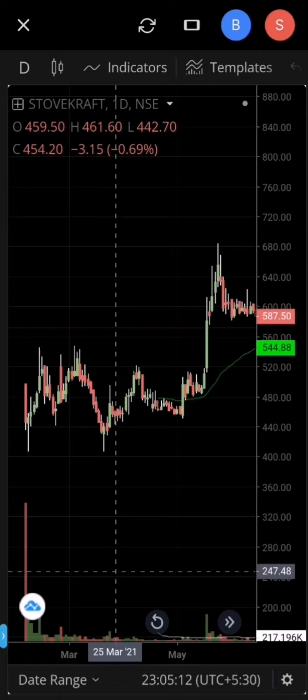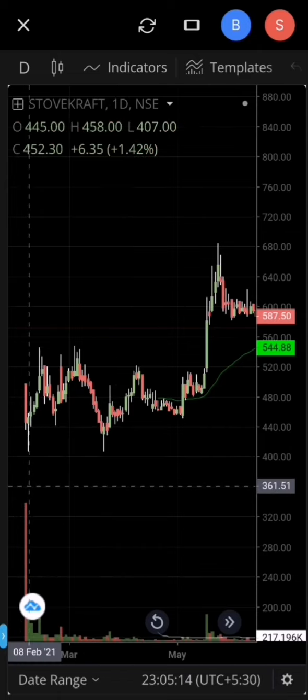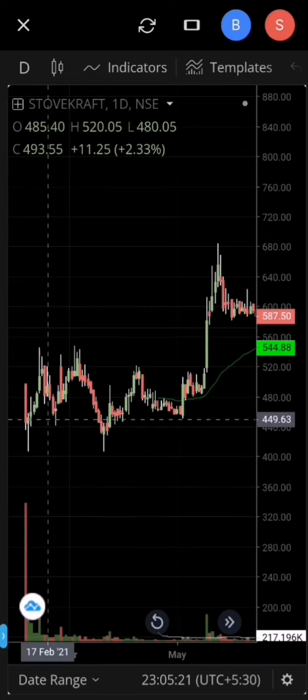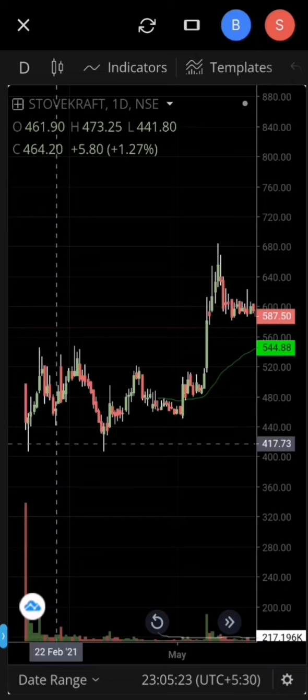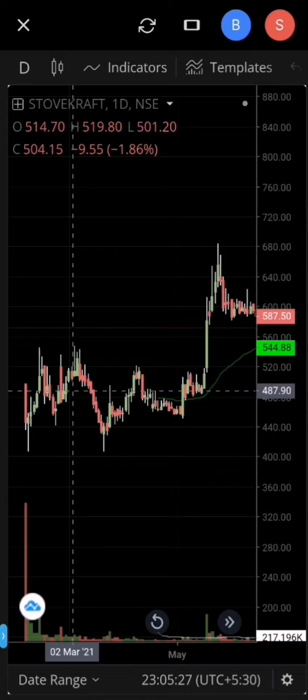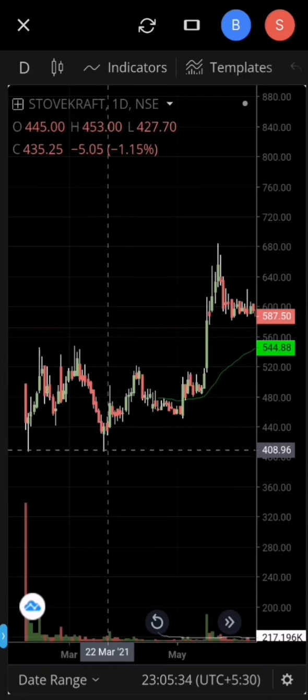So here in this example, if you could see, we had this stock listed, it came down after listing, then it again went up, then again went down, again tried to reclaim its all-time high, but again it failed, and the supply was very strong that it consistently formed selling, consistently had selling pressure.